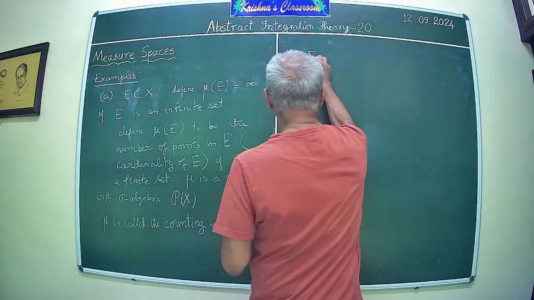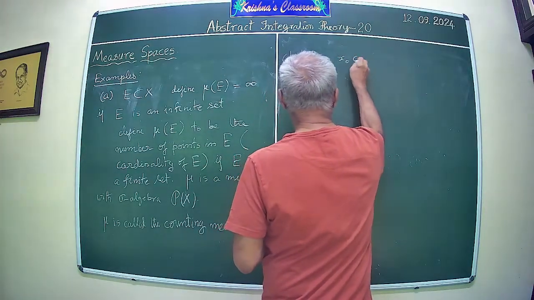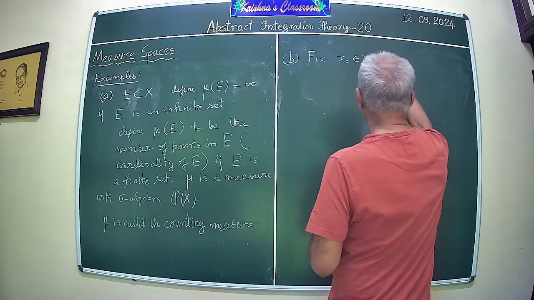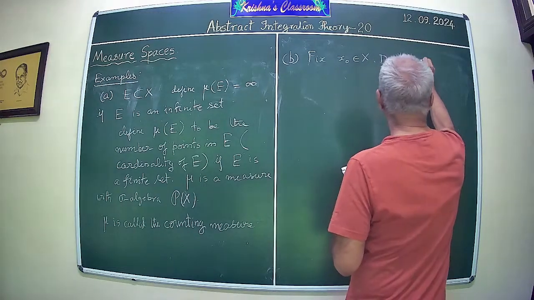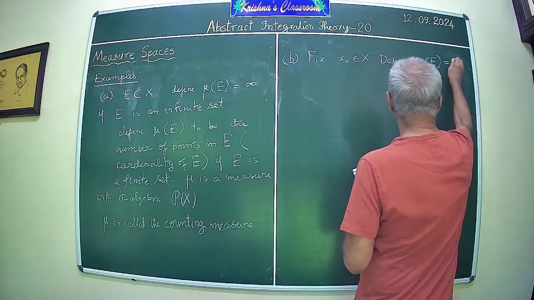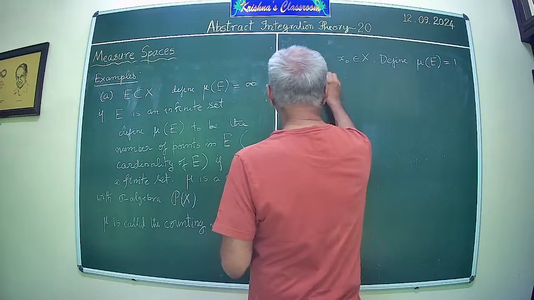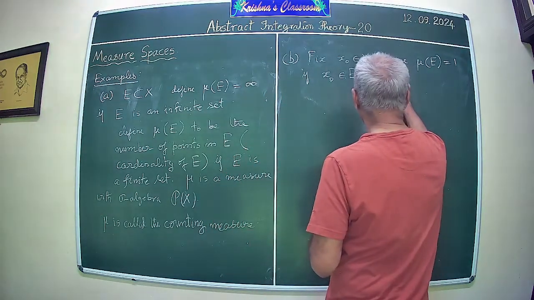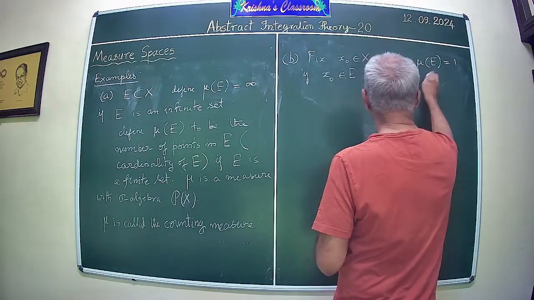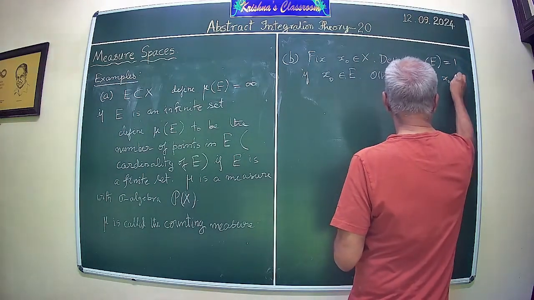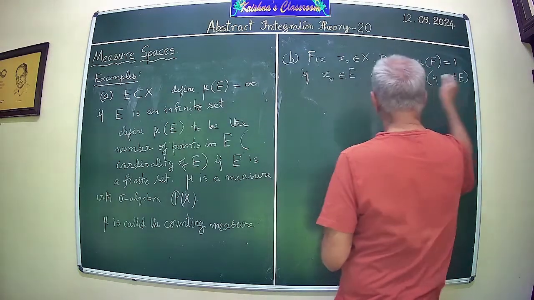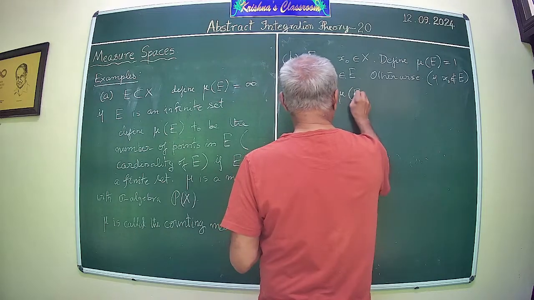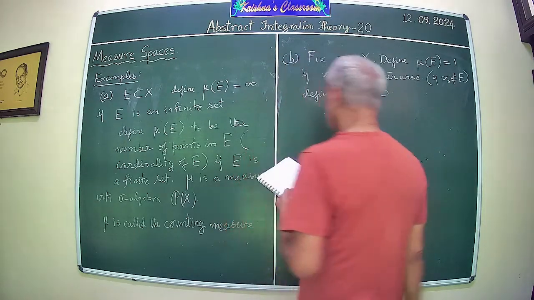Second example is: fix x naught. Now define mu of E equal to 1 if x naught belongs to E, otherwise equal to 0.